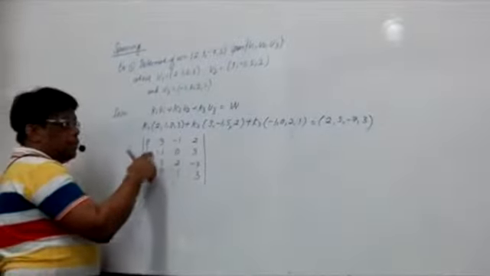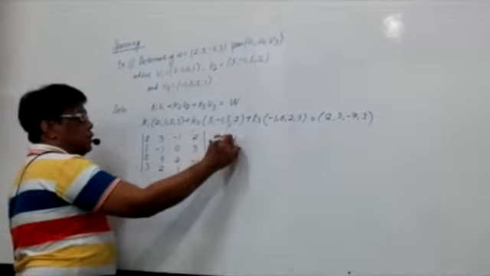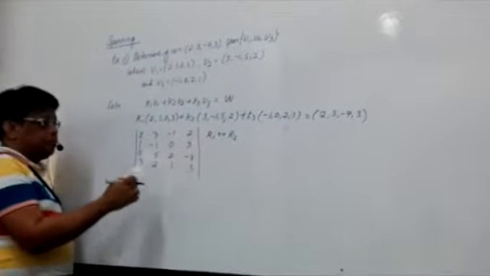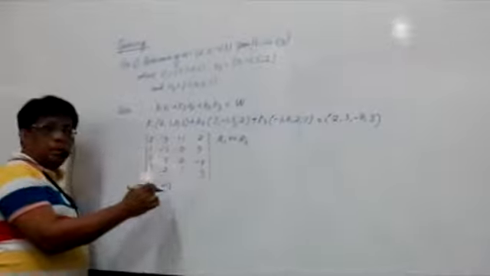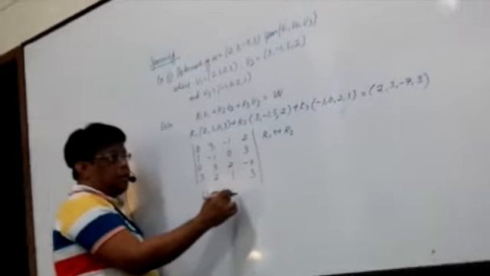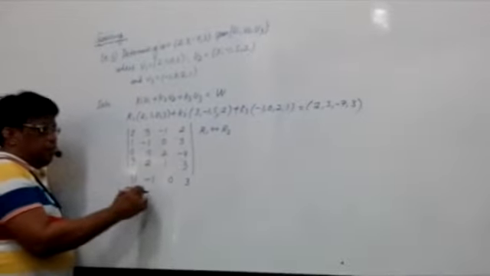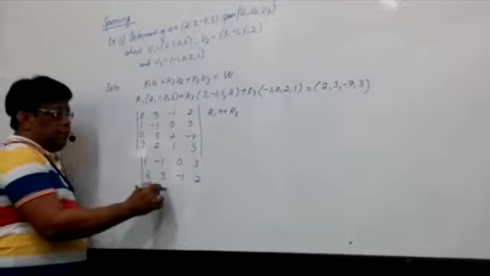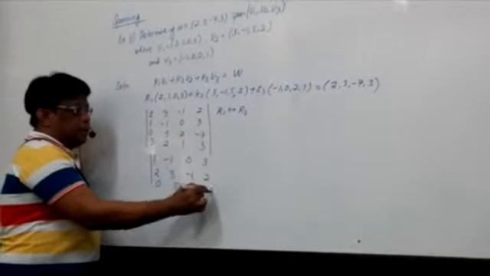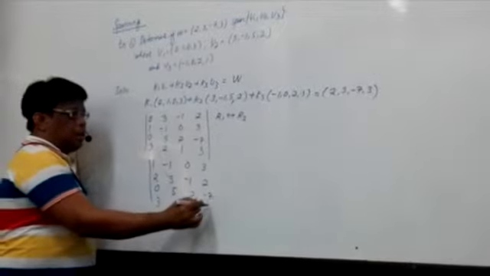We can have the leading 1 by interchanging row 1 and row 2, so that we have now the corresponding matrix: 1, -1, 0, 3. Then we have 2, 3, -1, 2. Then we have 0, 5, 2, -7. And then we have 3, 2, 1, 3.